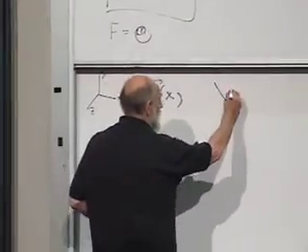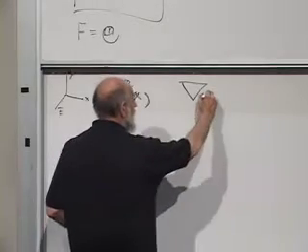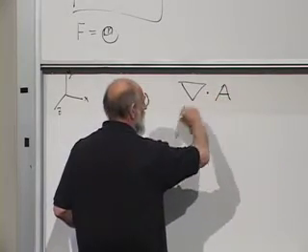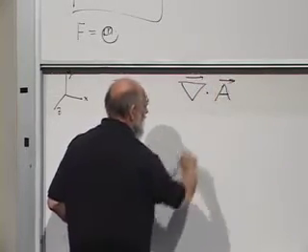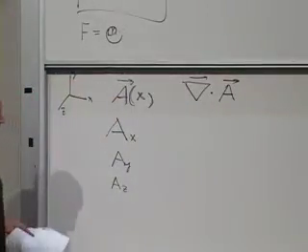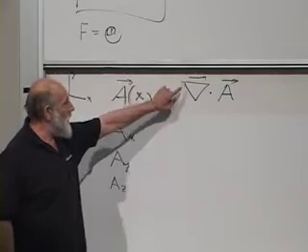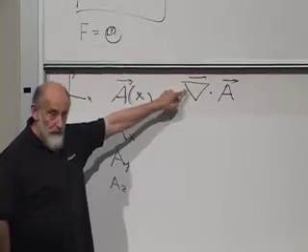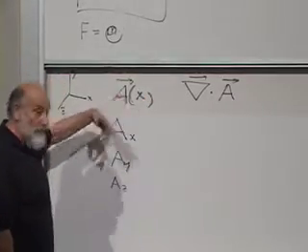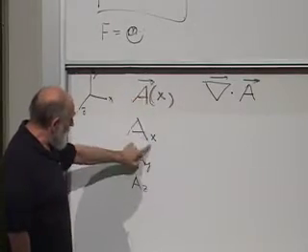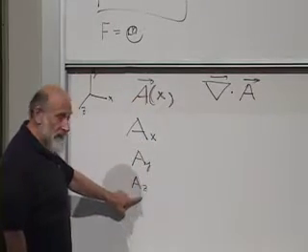The divergence of the field is written this way, with an upside down triangle. The meaning of an upside down triangle is always that it has to do with the 3 partial derivatives, the derivative with respect to x, y, and z.